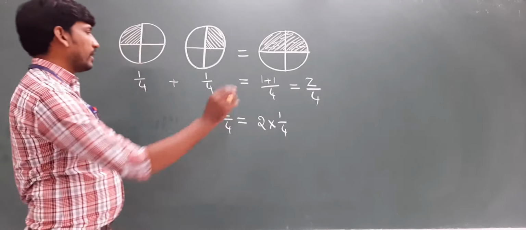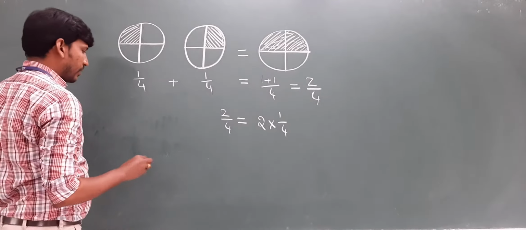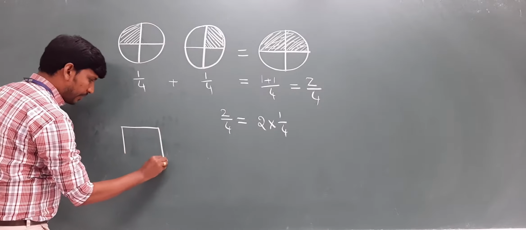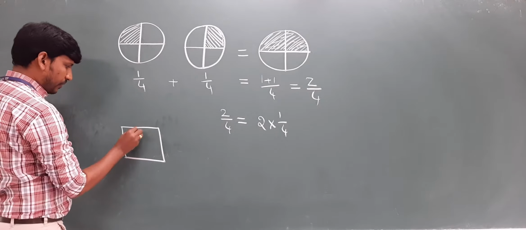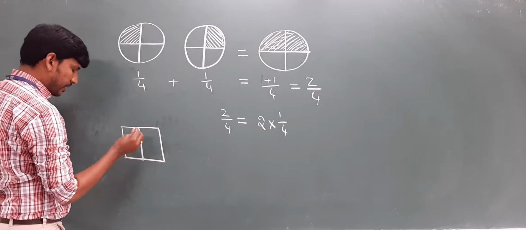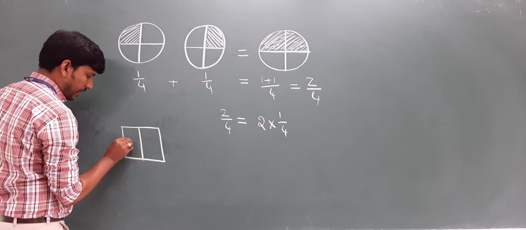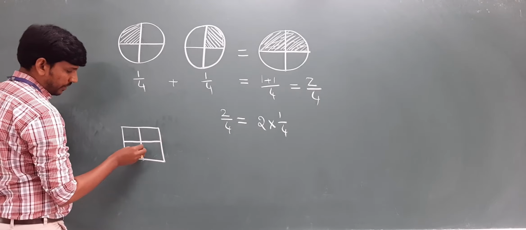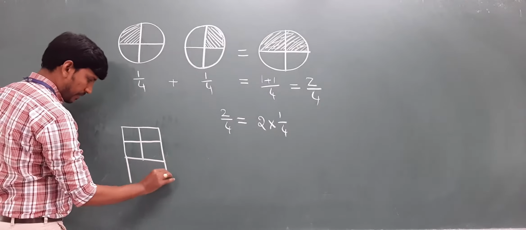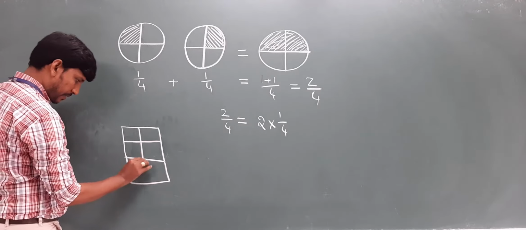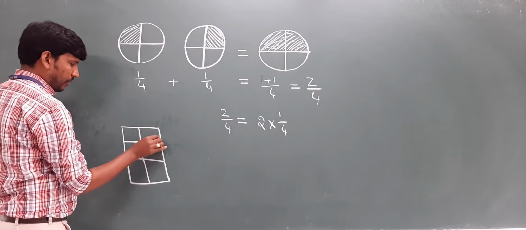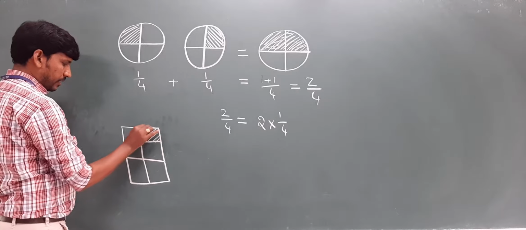Now let us discuss one more example. I am taking one square and dividing it into, not 4 equal parts, let us discuss 6 equal parts. I am taking this part.